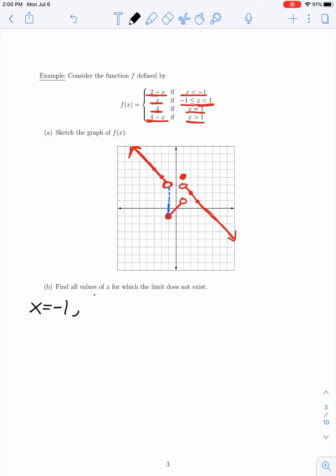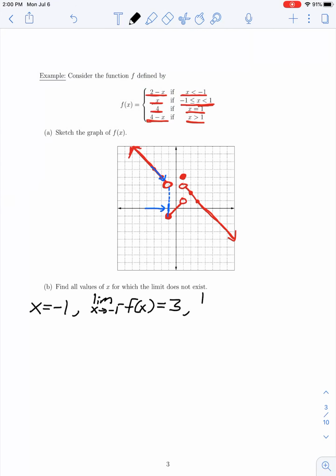We can verify that because if we consider the left-hand limit as x approaches -1, we see as we're closing in on -1 from the left, our y values are closing in on 3.